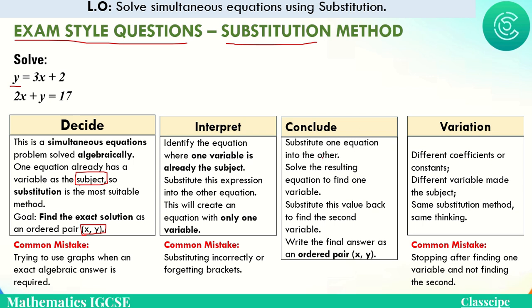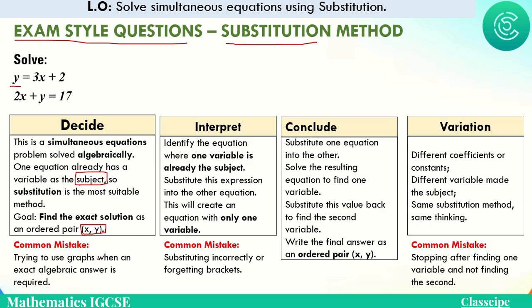Substitute one equation into another equation, then solve the resulting equation to find one variable. Finally, substitute this value back to find the second variable. This is the conclusion. And in variation, if we have different coefficients, our values and our solution sets will be different.